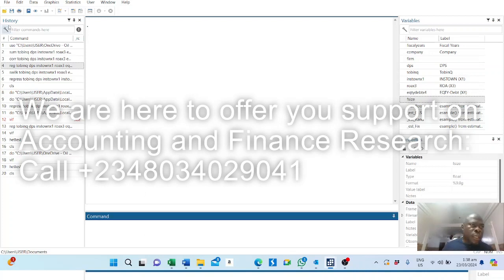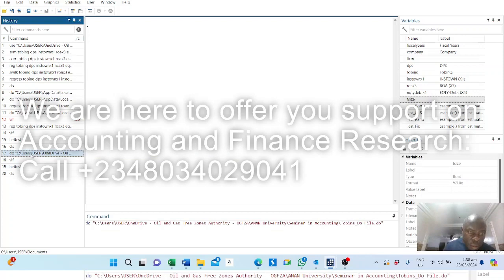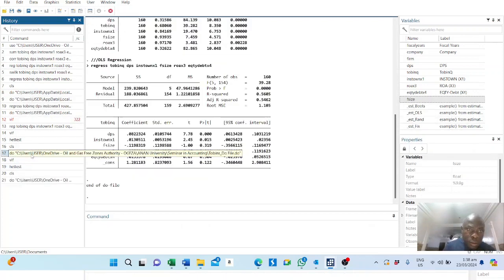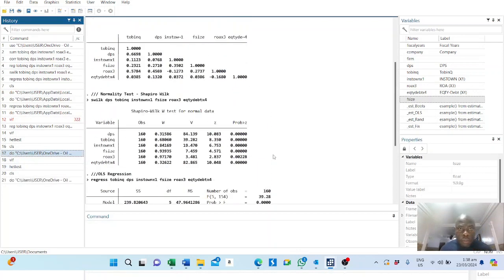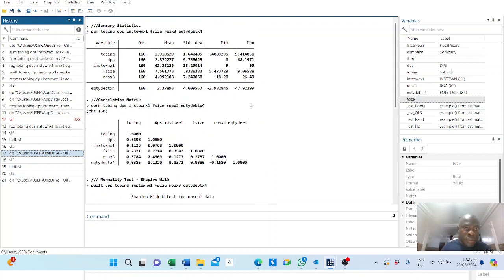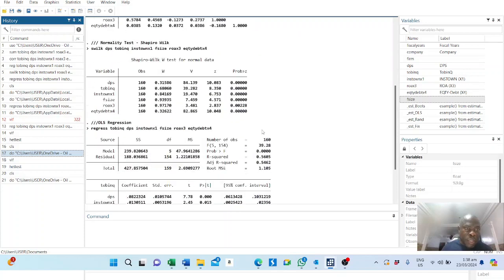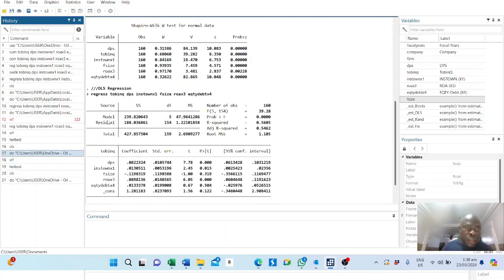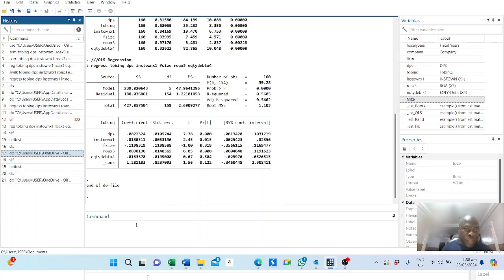I'll quickly rerun the do file to see where we stopped last time. Yes, the last time we ran the descriptive statistics, the correlation matrix, normality test, and OLS regression.